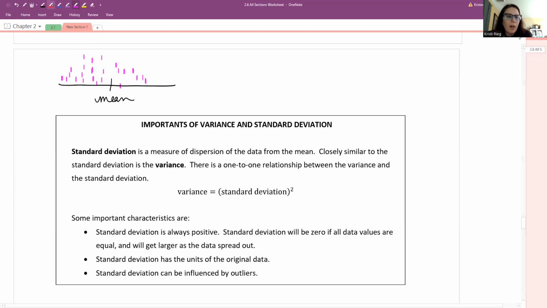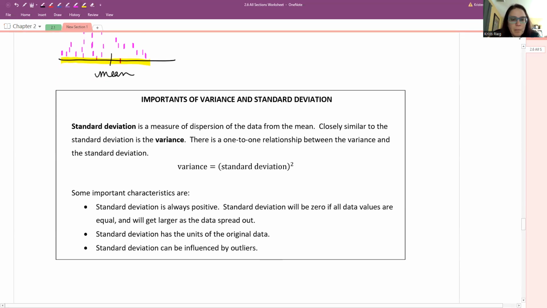So how far is it from the lowest to the highest? What's that range right there? That's what's contributing to the standard deviation, how far away it is from the mean. It's not literally exactly just a straight measurement. There are a few calculations to it, but that's what it's talking about. How far is the data dispersed from the mean? And the importance of that we will get to as we go on.